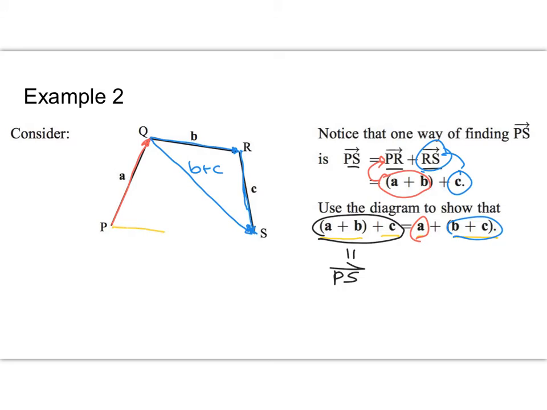Starting at my starting point and ending there, I get vector A plus B plus C. And look, I end up with vector P to S. They are equal. That shows that vector addition is associative. I bet you haven't heard that since middle school.